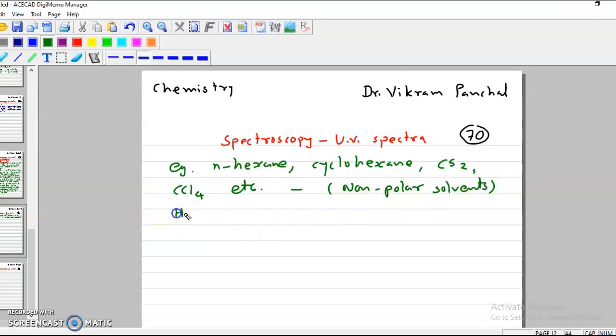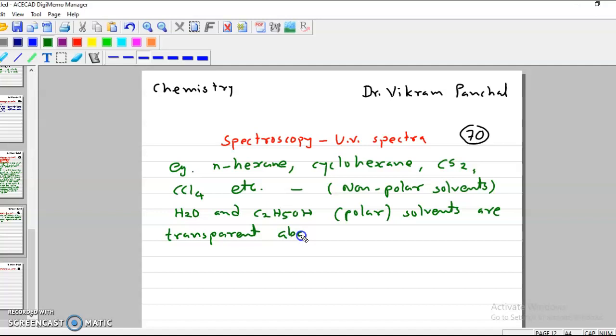Even polar solvents like water and ethanol, which are polar solvents, are transparent above 200 nanometer.